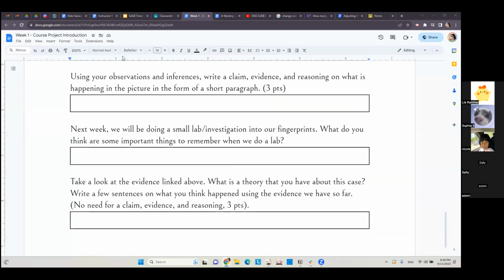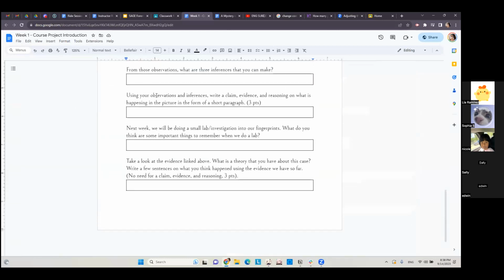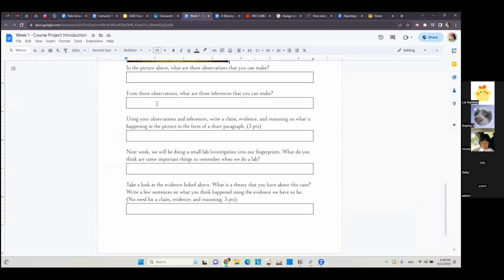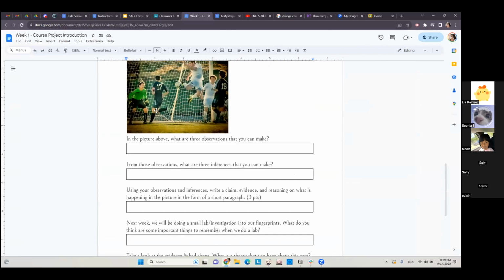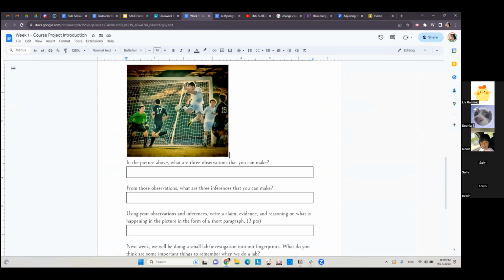Okay, and then the next one is using your observations and inferences, write a claim, evidence, and reasoning on what's happening in the picture in a short paragraph. So what could be a claim that we make about this picture? What's a statement that we can make?